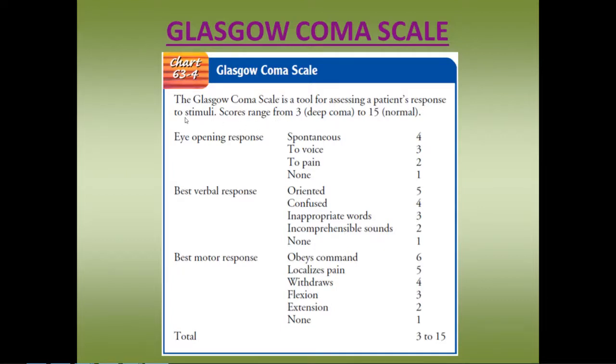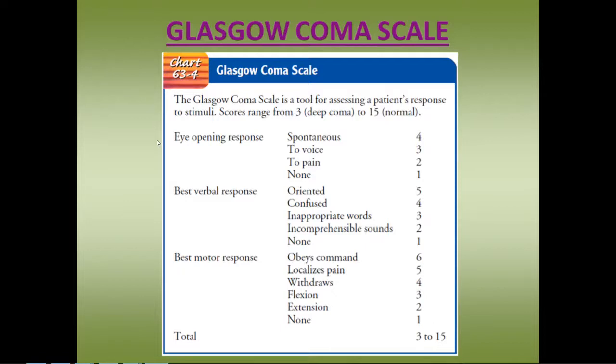Please take note that in the eye-opening response, the maximum possible score is 4. The best verbal response is 5, and the motor response is 6. So when the score for eye opening is 4, you move on to the verbal response of your patient.